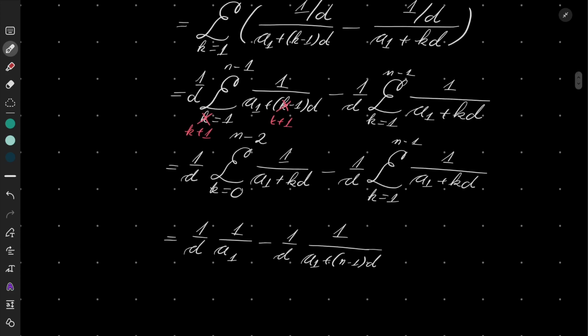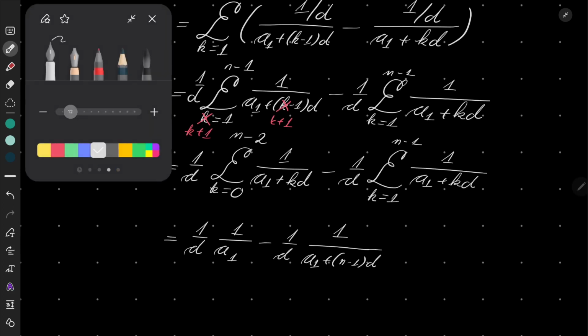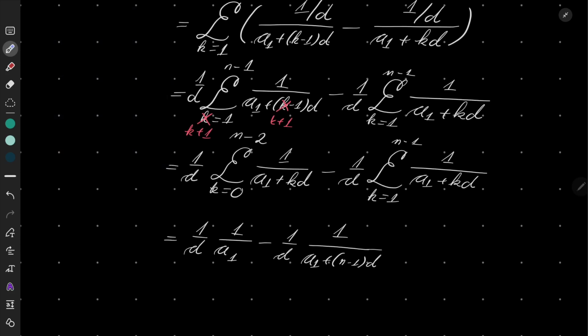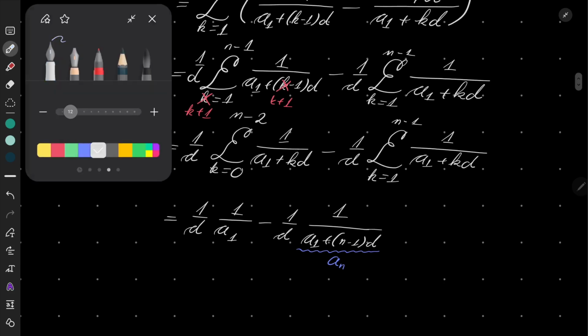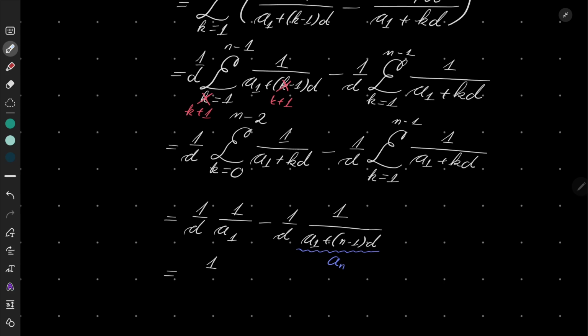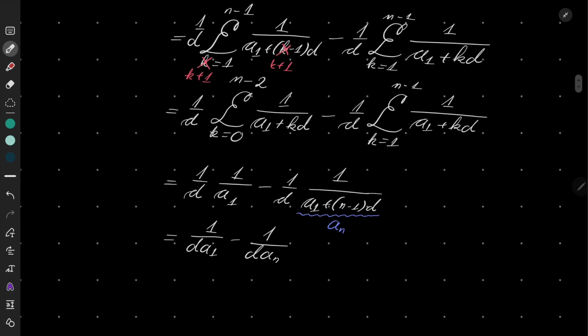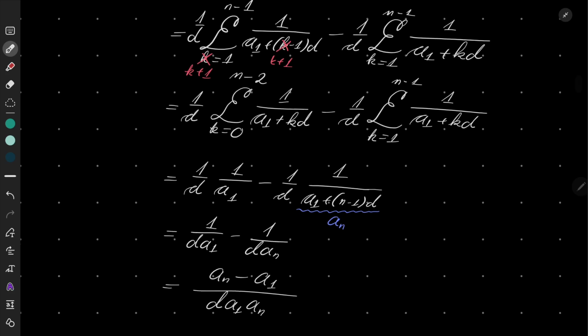Yes, exactly. Now let's combine it. First of all, this is an. So we have 1 over d a1 minus 1 over d an. Let's write it with a common denominator: an minus a1.